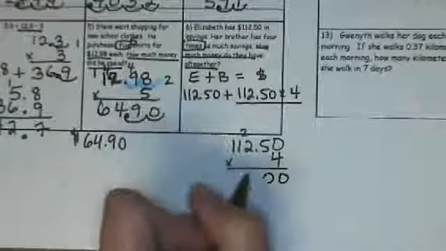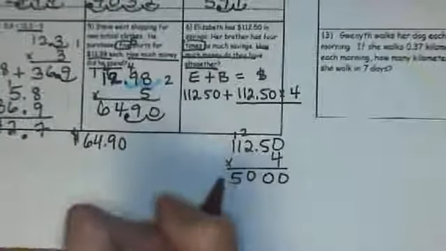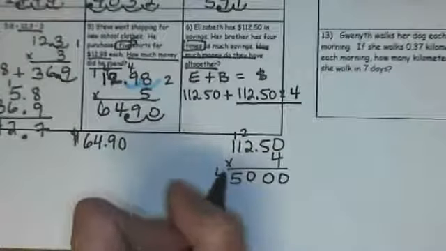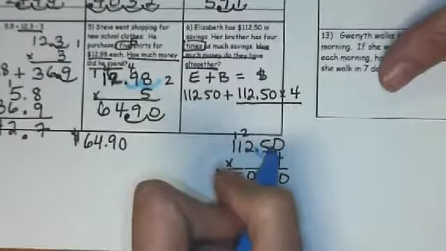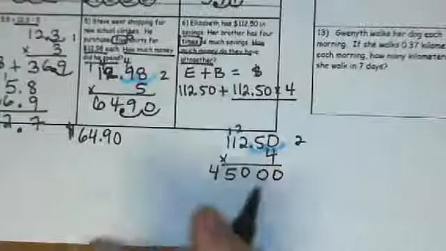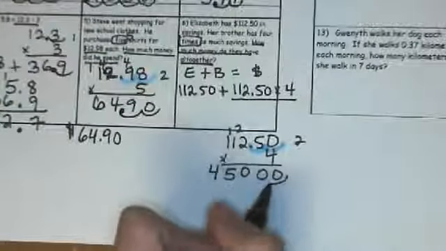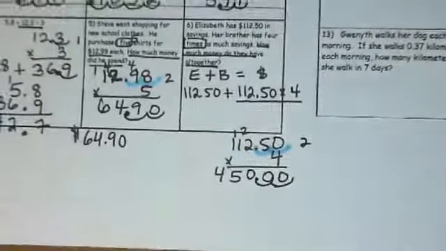Carry the 1. 1 times 4 is 4, plus 1 is 5. 1 times 4 is 4. Okay, so in my first factor, I got 2 decimal places. Okay, in my second one, I have none. So I do 2 total decimal places. I'm going to move over to the left. So that means her brother has $450.